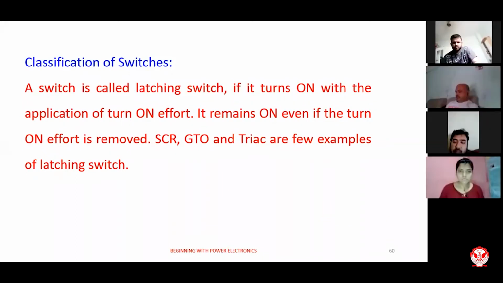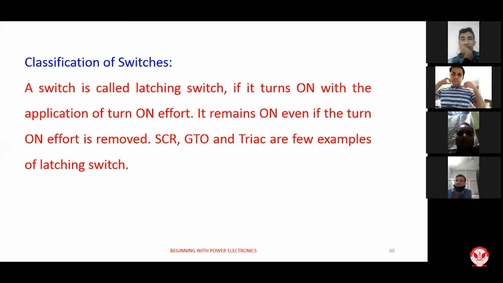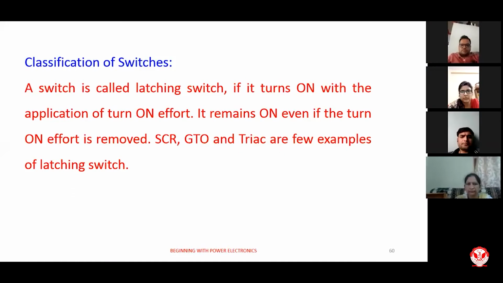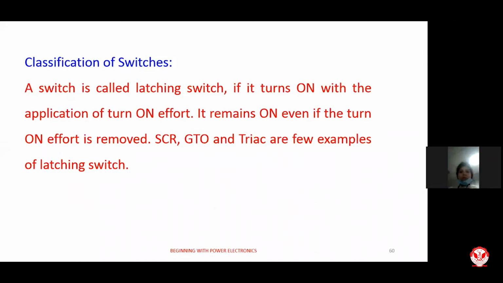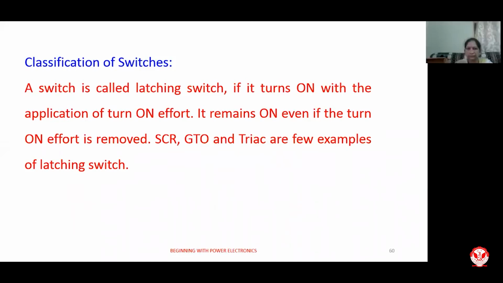It gets latched in conduction. So once the switch is turned on, it doesn't require any control effort for keeping it in conduction. Such switches have great advantage, and the devices which fall under this category are silicon controlled rectifier, gate turn-off thyristor, and triac. These particularly belong to the thyristor family of static switches.